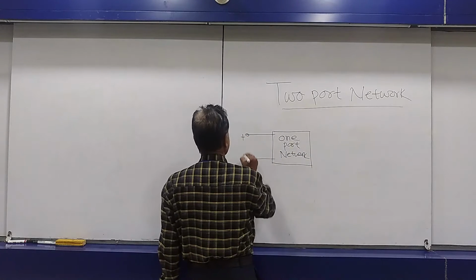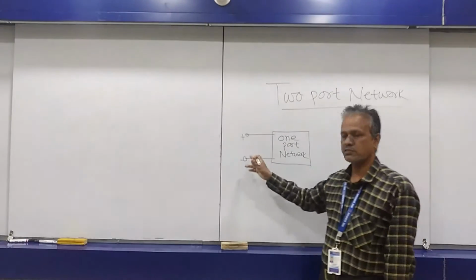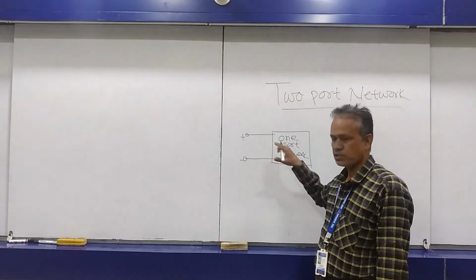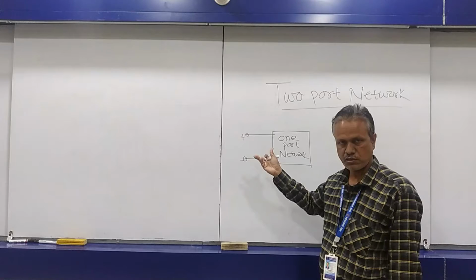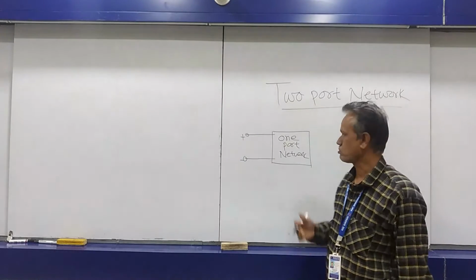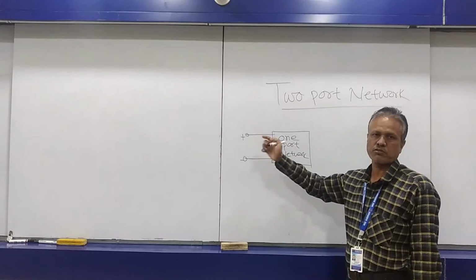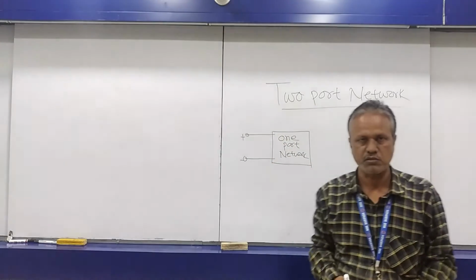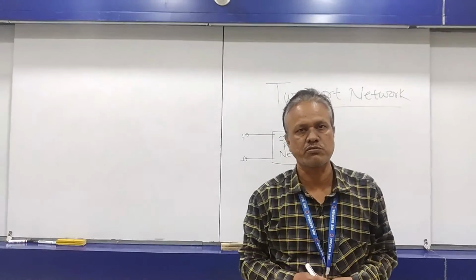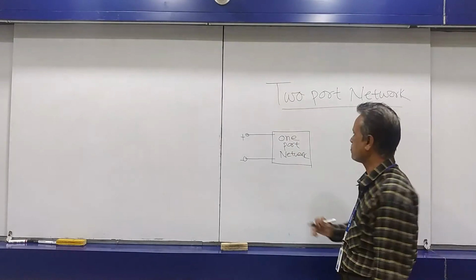Here we are observing that there are two terminals through which we can give excitation as well as receive the response. Such a type of network which has two terminals through which you can give excitation as well as receive the response, we call it a one port or single port network.